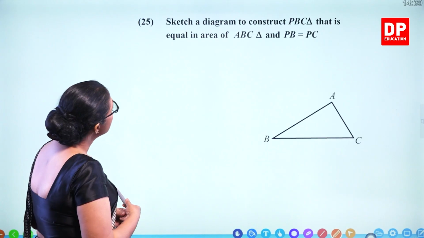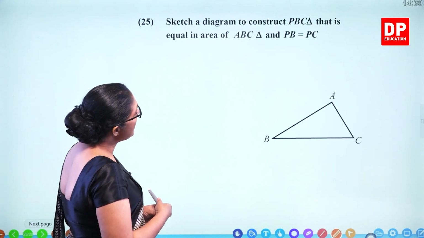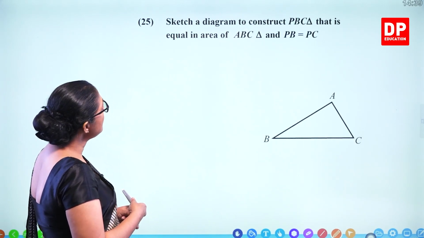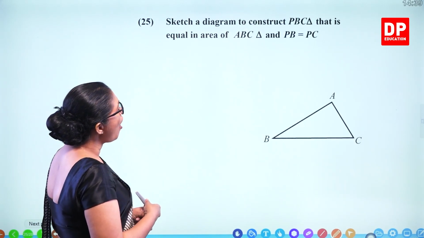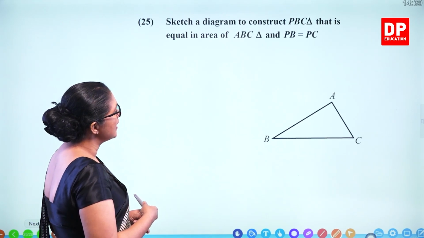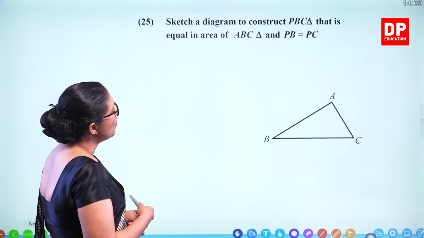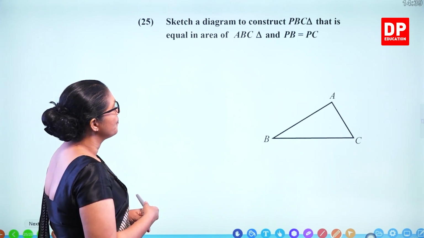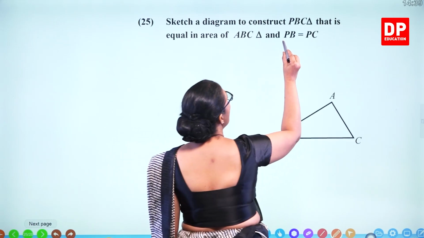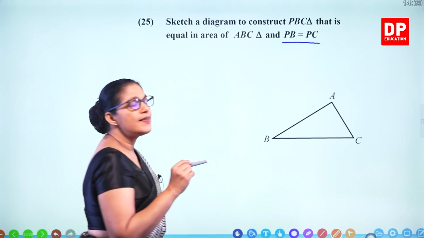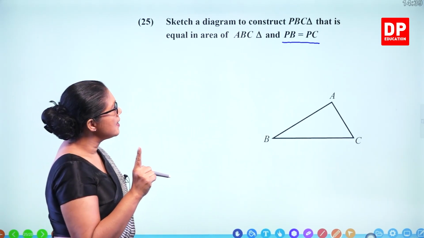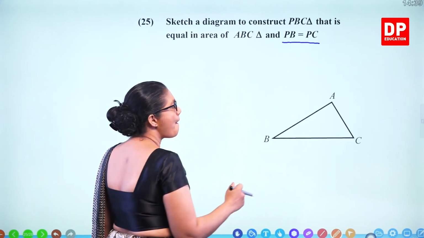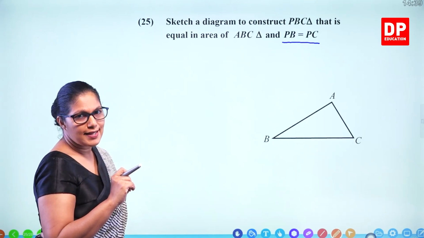Last question. Sketch a diagram to construct triangle PBC that is equal in area to ABC and PB equals PC. So PB is equal to PC. That means the point P is on the perpendicular bisector of BC.